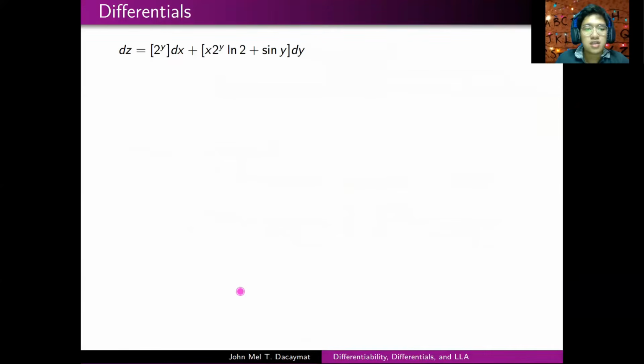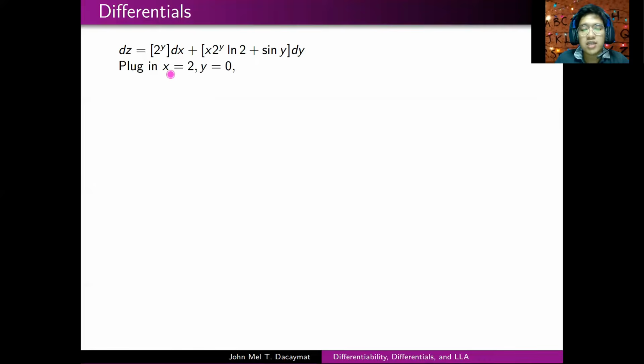Now, after this, I have specific values for dx and dy. Since we are given the change in x, from 2 to 1.95, and the change in y, we just plug in those changes, and we will also plug in the initial or old values for x and y, which are 2 and 0.